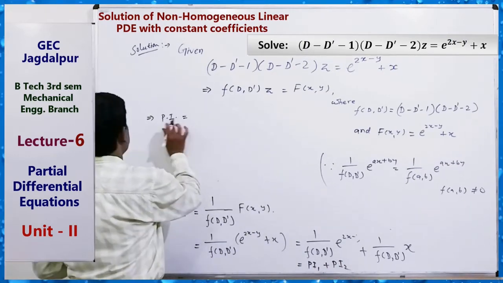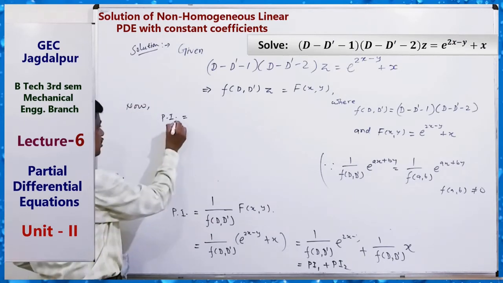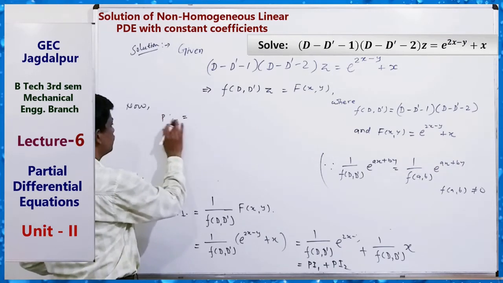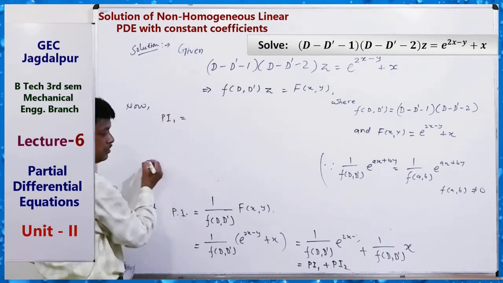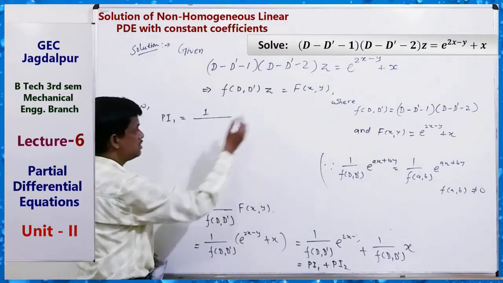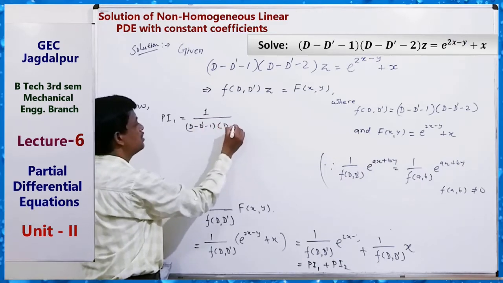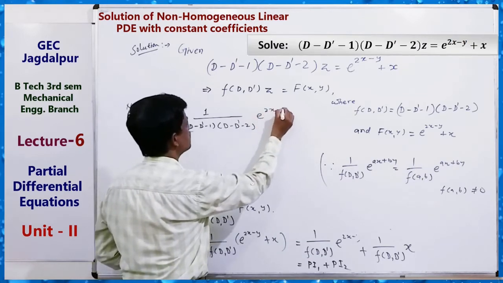Now for finding PI1, PI1 equals 1 upon f(D, D'), that is, 1 upon (D minus D' minus 1)(D minus D' minus 2) e to the power 2x minus y.